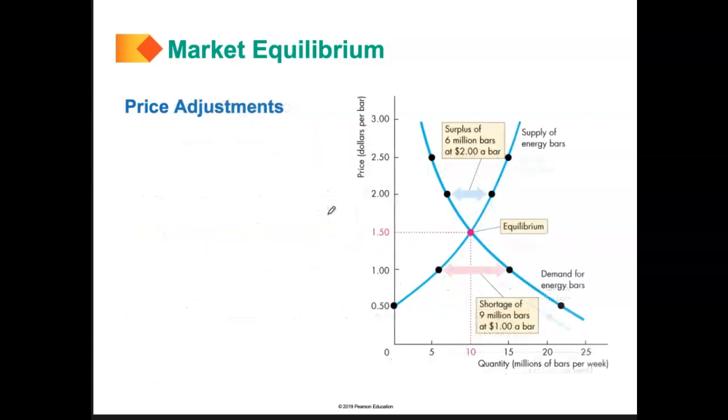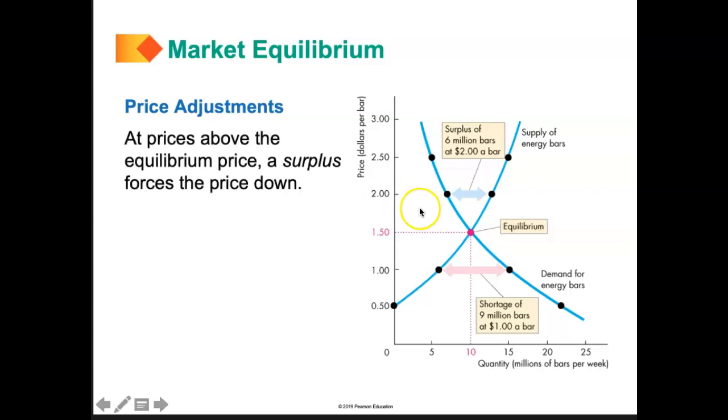Now we go to price adjustments. Basically, the market corrects itself. If price is above the equilibrium price, we have a surplus. In this example, at $2, we had a surplus of 6 billion bars. So long as price is above equilibrium price, we always have a surplus because quantity supplied is more than quantity demanded.